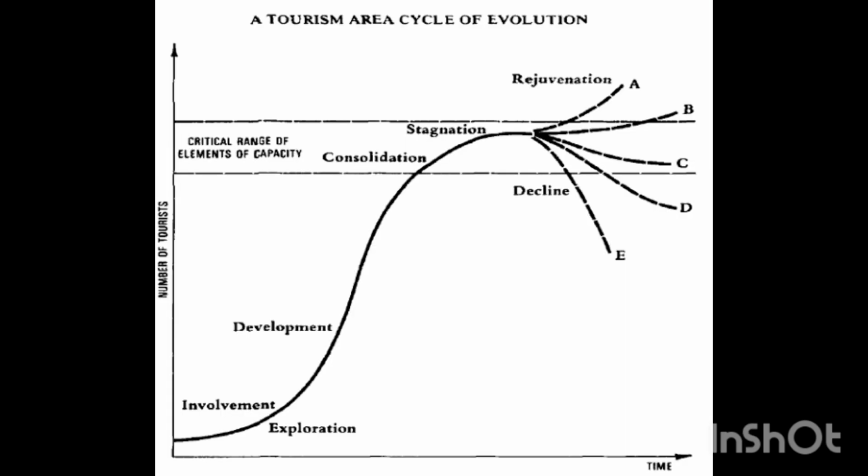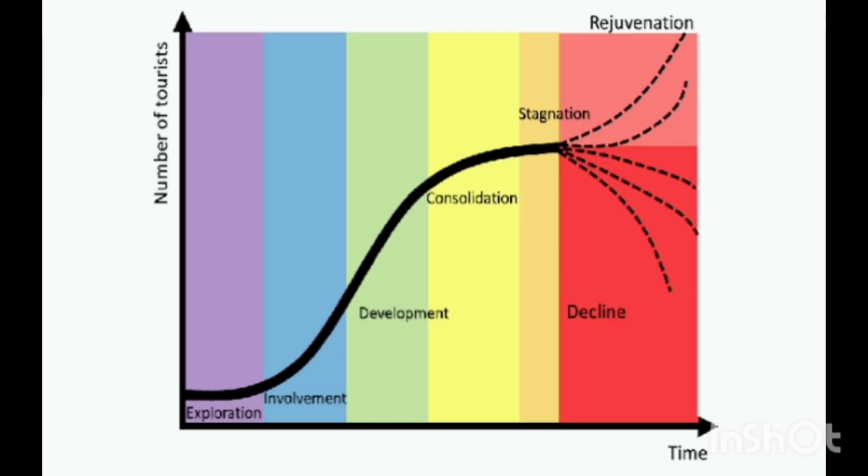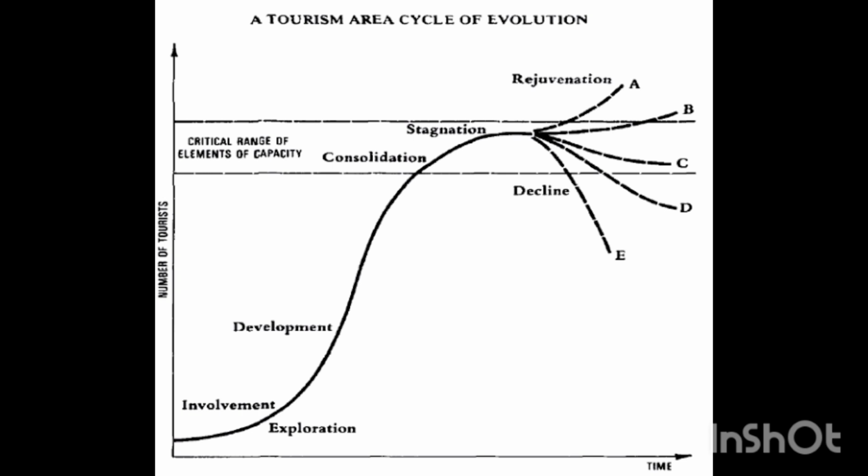Here, this tourism life cycle model shows the correlation of the number of tourists over time, shown in a chart with two lines, one horizontal, one vertical. The vertical line is the y-axis and the horizontal is the x-axis. Y shows the number of tourists and x shows the time.